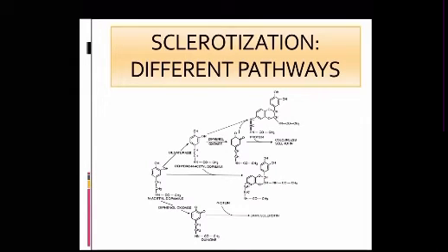is being converted into quinone and subsequently into sclerotin upon addition of protein. In the other pathway, the N-acetyl dopamine under the action of desaturase in the topmost reaction removes 2 hydrogen atoms, and as you can see, an unsaturated bond is formed here.